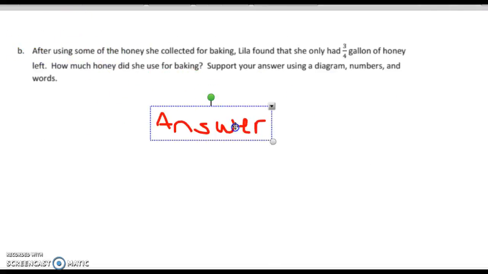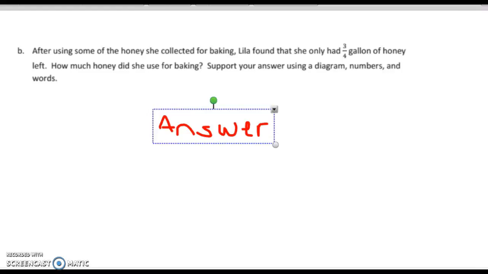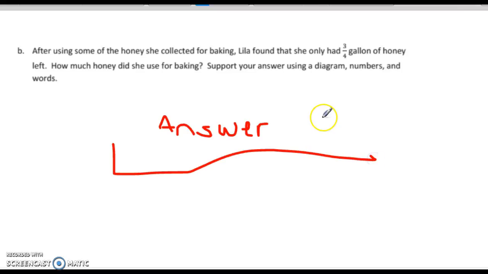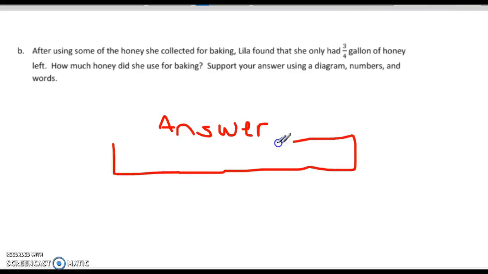Okay, so the answer is however much honey they have. Ooh, that was really kind of messy. Let's see if I can do a better job of that tape diagram. Okay, so if we're going to take that answer and break it into 2 parts.